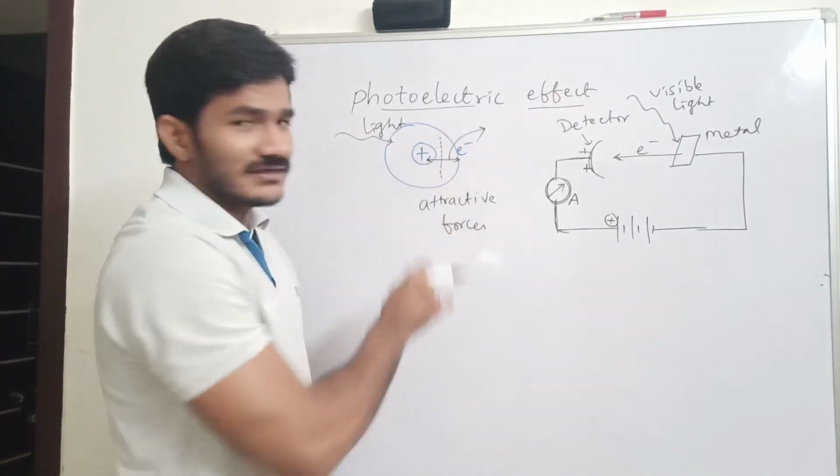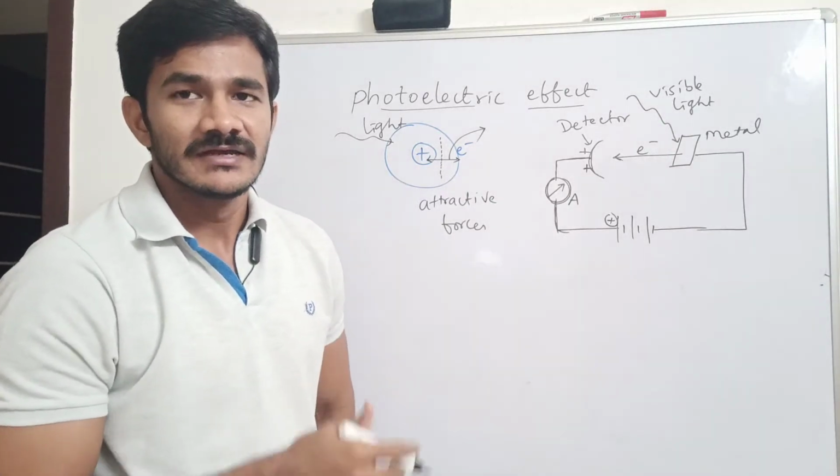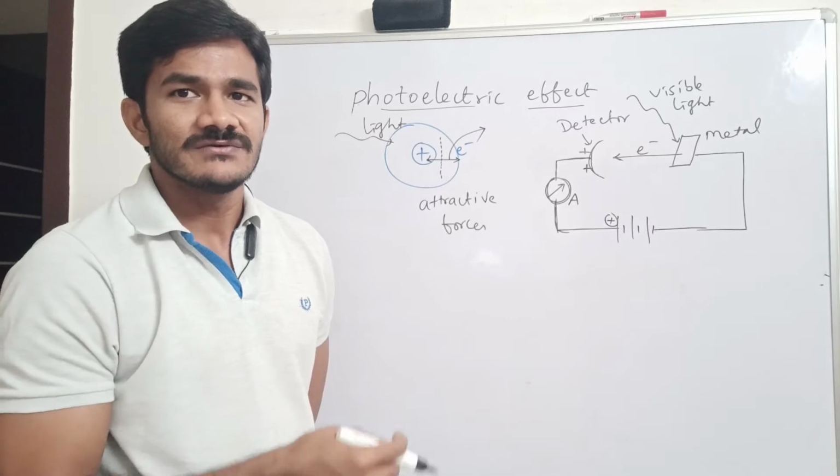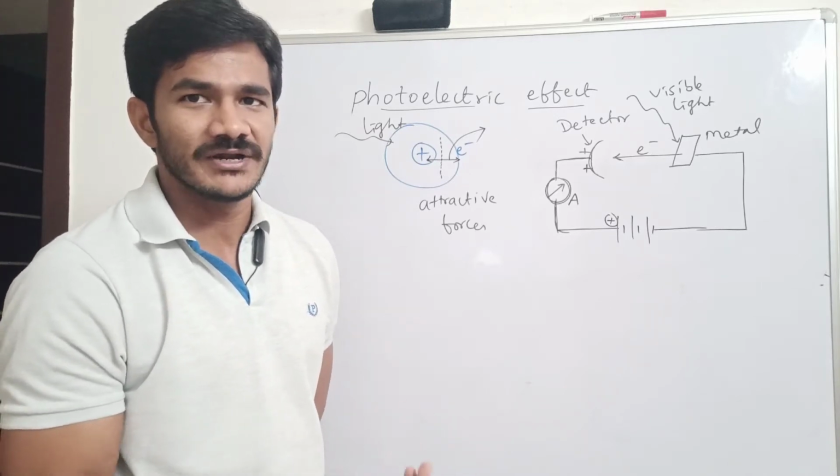So to break the attractive forces, we have to supply a minimum amount of energy. The minimum amount of energy required to eject electrons is said to be the threshold energy.